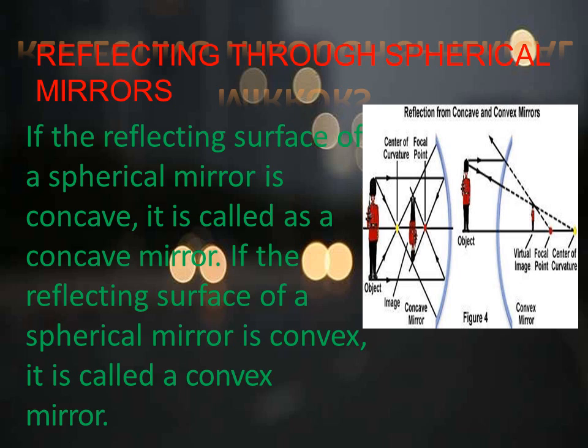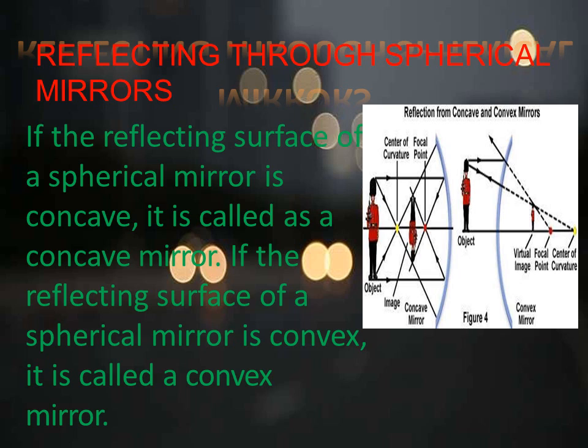If the reflecting surface of a spherical mirror is concave, that means like a cave, it is called a concave mirror. And if the reflecting surface is convex, it is called a convex mirror.